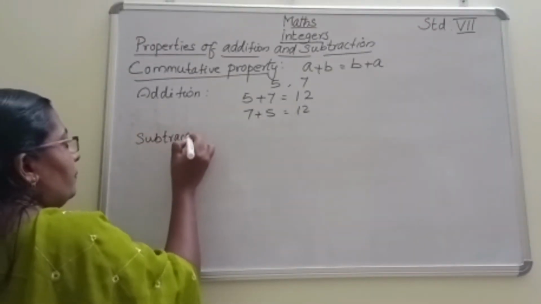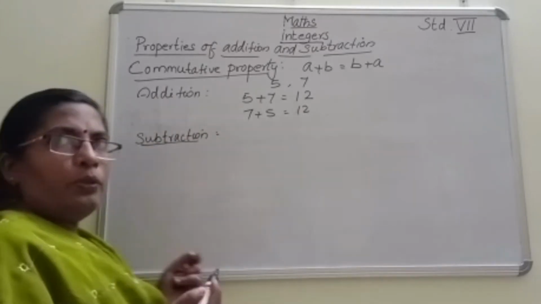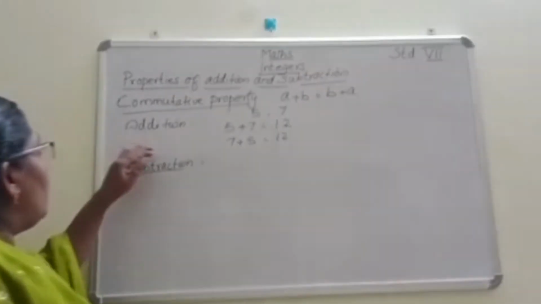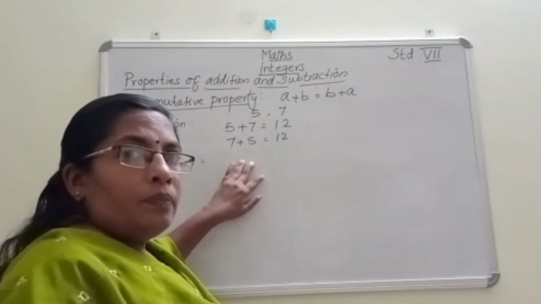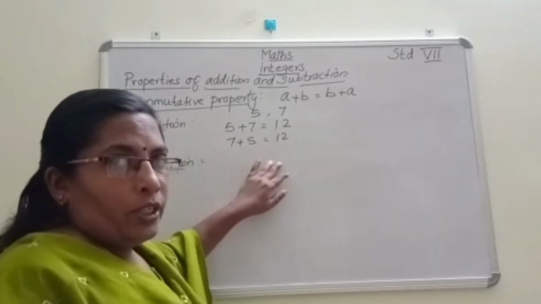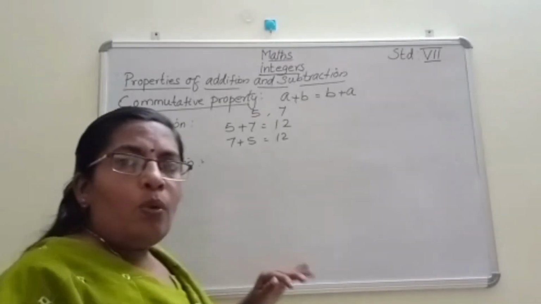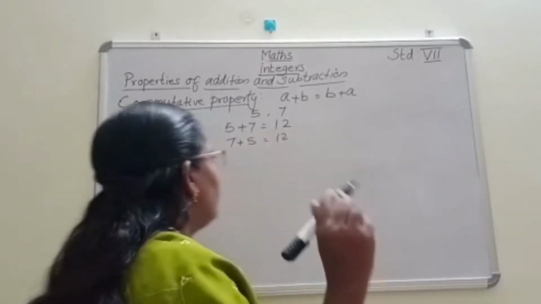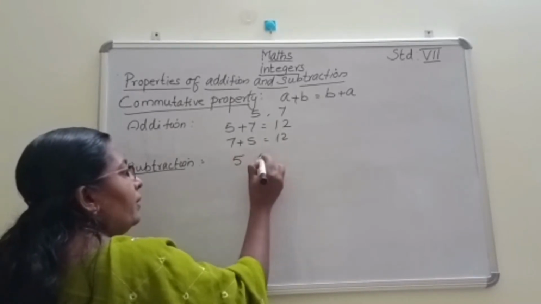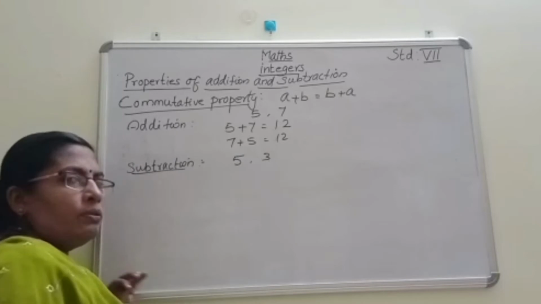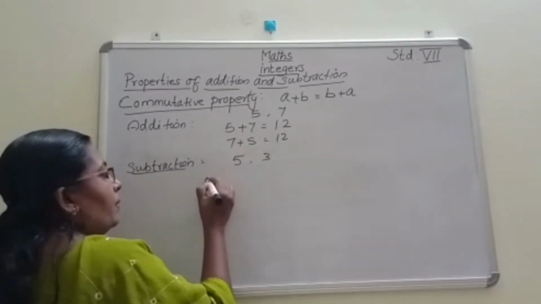We can check subtraction. Take any two integers, 5 and 3. Check.